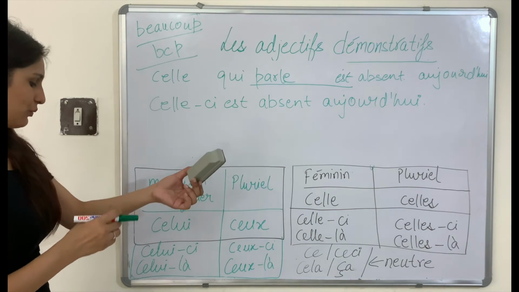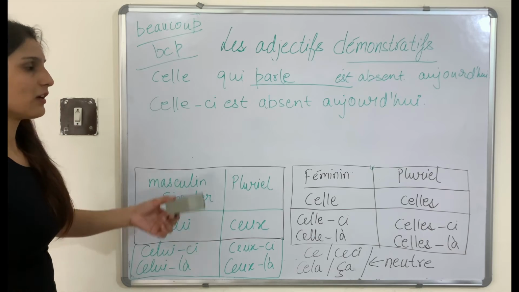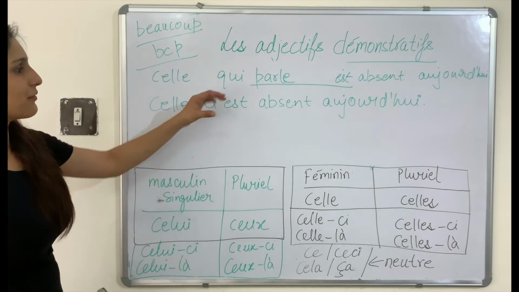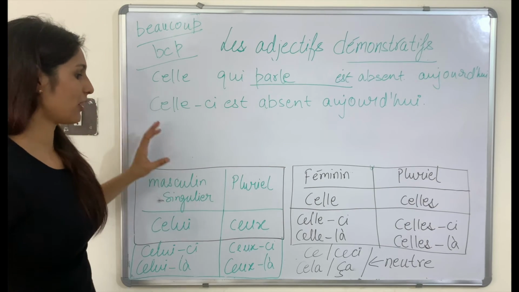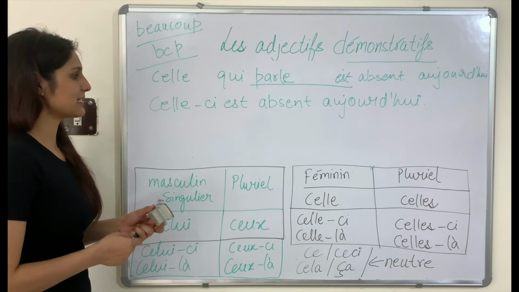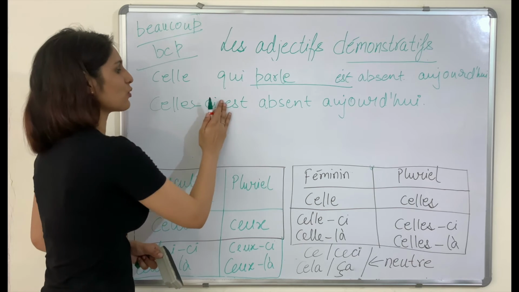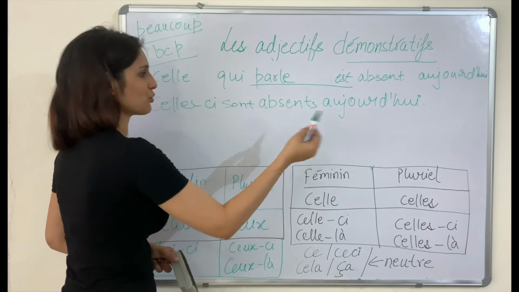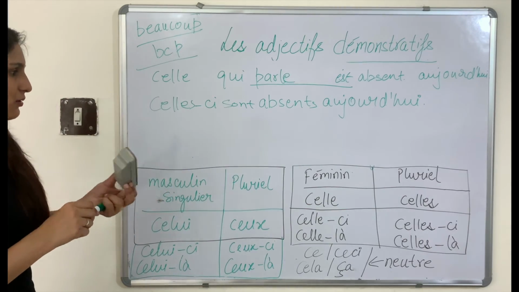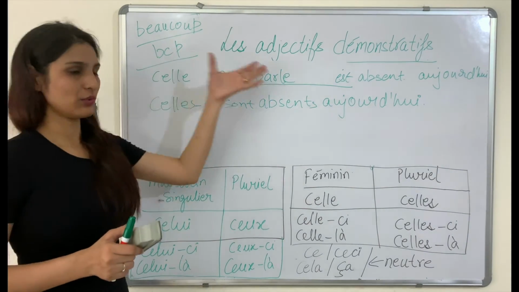Celle-ci est absente aujourd'hui. Yes, you are talking about already the one who talks a lot. So I've just escaped the verb parler over here. Or in plural, celles-ci sont absentes aujourd'hui. Those ones are absent today. So this is how you could use these.